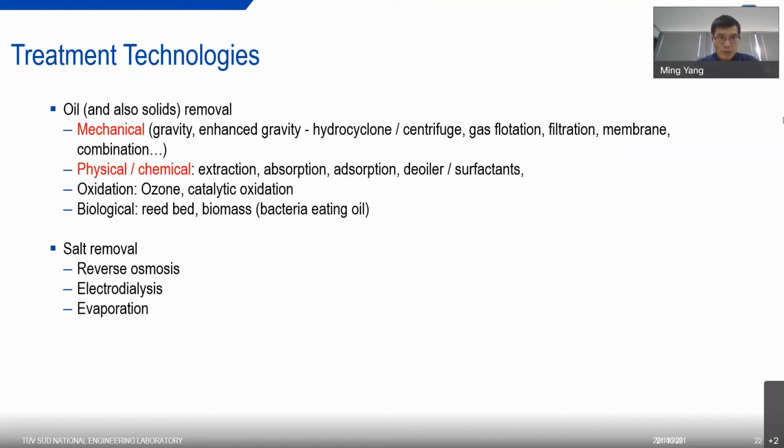For oil and solids removal, we're looking at mechanical, physical, chemical, oxidation, and biological methods. Mechanical can use simple gravity or enhanced gravity like hydrocyclones and centrifugal systems, gas flotation, or barrier-based methods like filtration and membranes, or a combination. Physical-chemical methods include extraction, absorption, and adsorption. Oxidation involves ozone and catalytic oxidation, and biological methods include bed reactors and biomass.